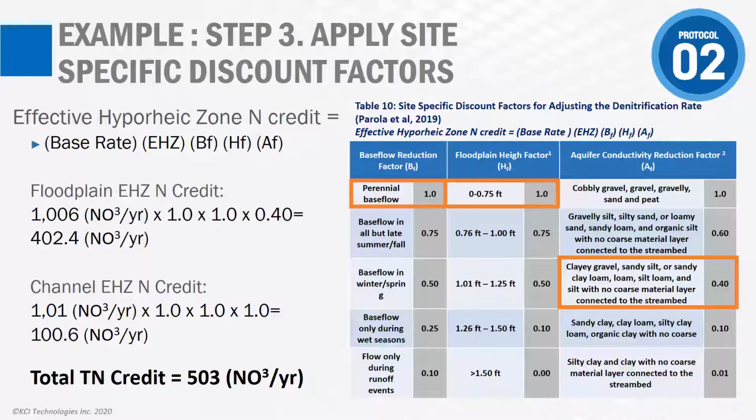This example results in 503 nitrates per year removal, which is reported as total nitrogen per year. If pre-restoration conditions include wetlands or existing areas within 18 inches of the low flow water surface elevation level, the pre and post conditions should be computed and credits are only earned for the difference.